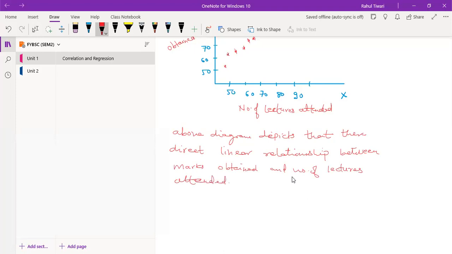This is the very important interpretation part, which is mandatory to write down in all the examples.